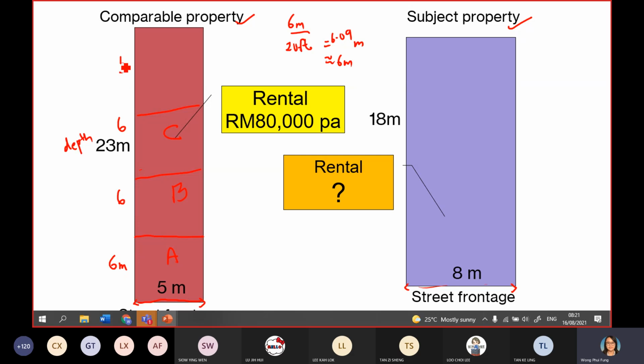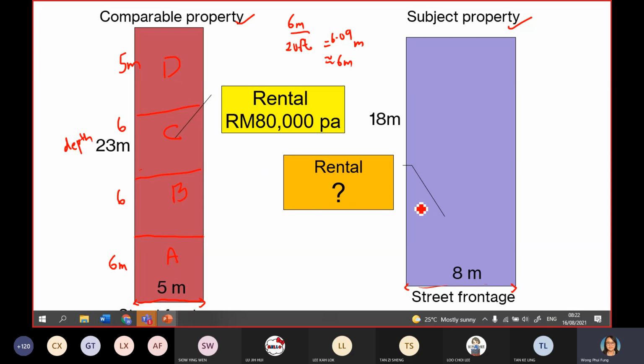So should be 5. Okay, 23, correct or not? I repeat again, 23 divided by 6. So 6, 6, 6. The remaining, you use 23 minus 6, 6, 6. Then the balance, you leave it at the back. So this is zone A, zone B, zone C, zone D.